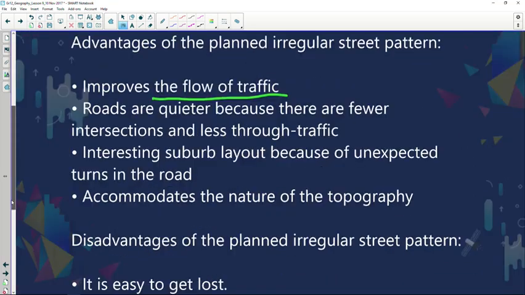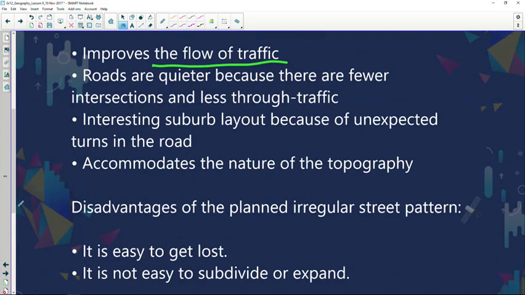And very importantly, probably the most important characteristic over here is that it accommodates the nature of the topography. So if it's a steep area, let's say for instance this town or city is developed in the valley area, this is the type of street pattern that they will use. The disadvantage of it, it's easy to get lost and it's very difficult to expand.